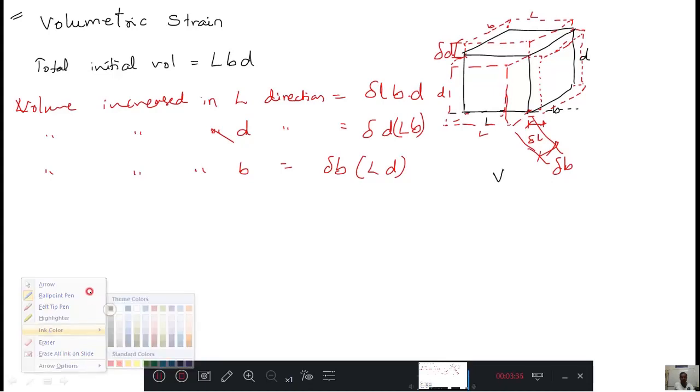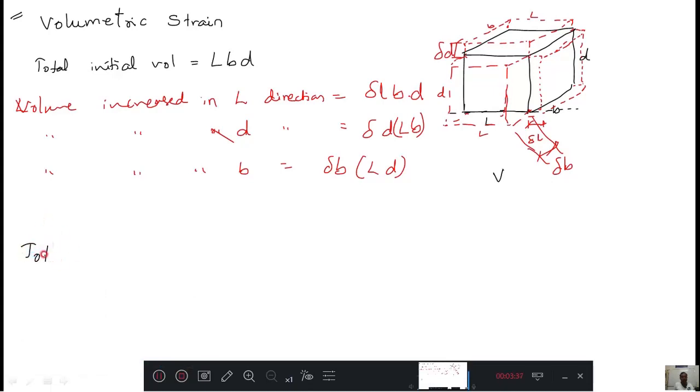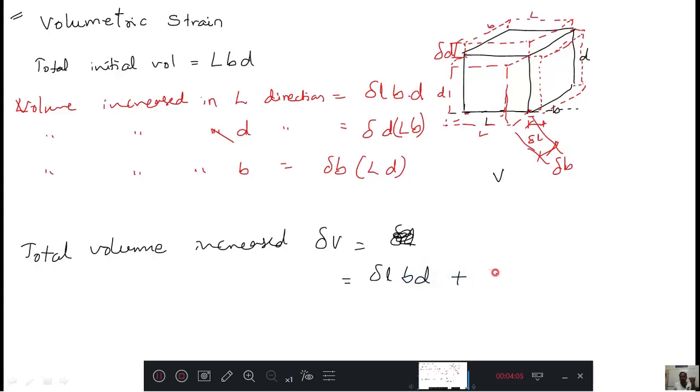Total volume increased, delta V, equals delta L BD, plus delta D into LB, plus delta B into LD.